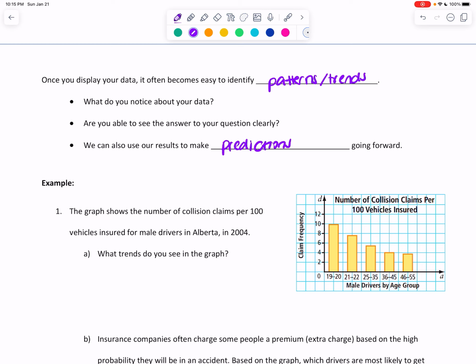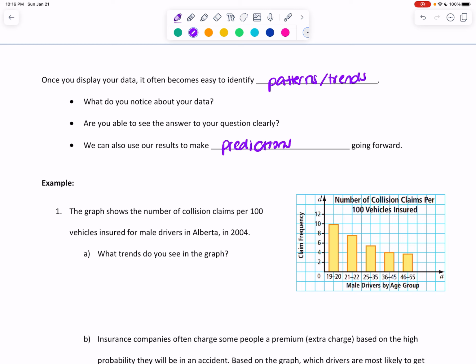Okay? So in the last two examples we're going to look at some data that's provided to us. We're going to try and acknowledge a pattern or a trend that we see. A pattern is something where it follows a particular scheme. So it might be going up, then down, then up, then down. Or like red, green, blue, red, green, blue.